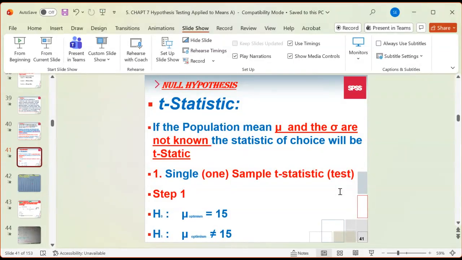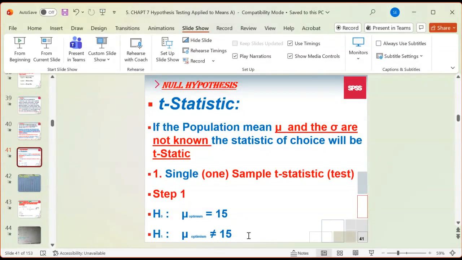Step 1, Noel says, hey, the last year mean for our employees was 15. This year, it's going to be the same. Even Steven, no difference. Zero. Nada. But H1, which is us, the researcher, we're saying, I don't think so.